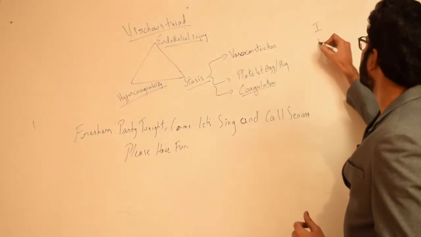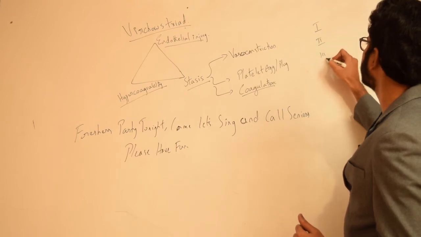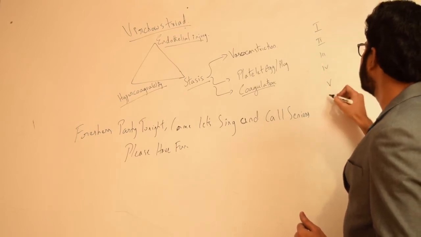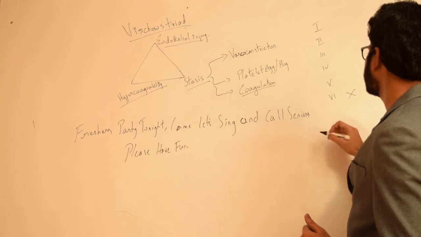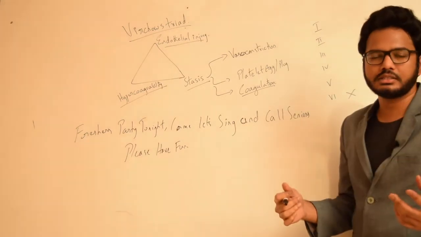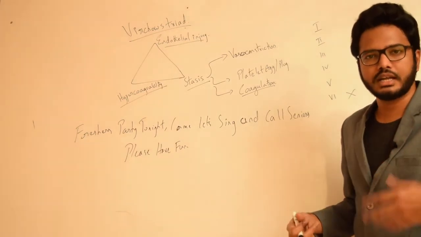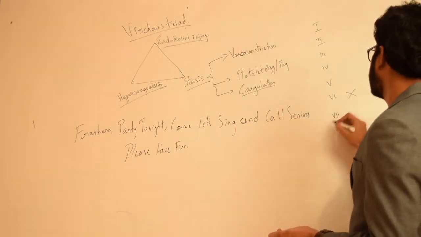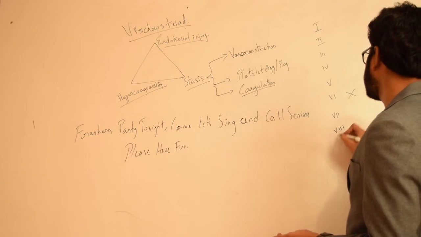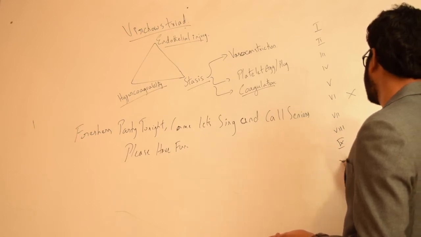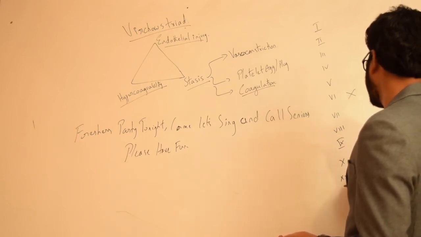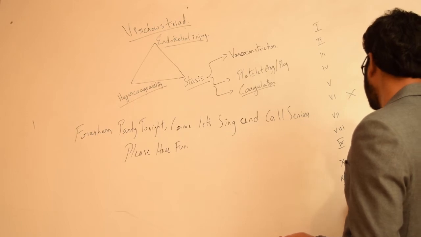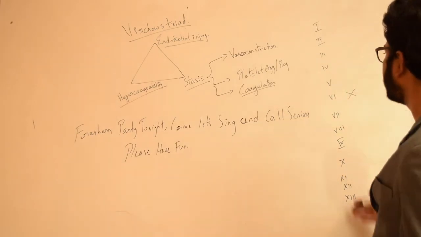Factor 1, 2, 3, 4, 5, and factor 6 is omitted. Previously, factor 5a was considered as the sixth factor, but now it's omitted. So we have 7, 8, 9 and 10, followed by 11, 12 and 13, totally 13 factors.